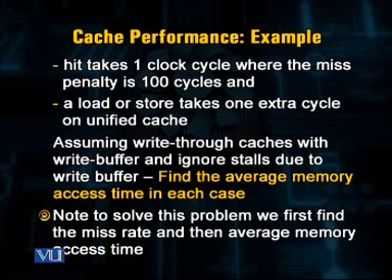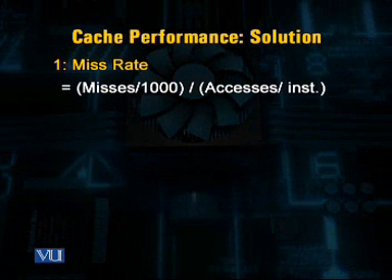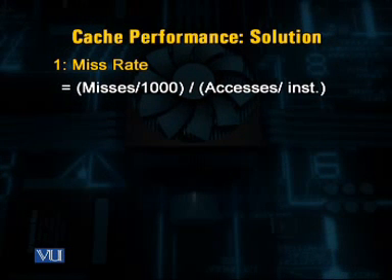Note that in order to solve this problem, we first find the miss rate and then the average memory access time. So let us first of all find the miss rate. We know that the miss rate is equal to the misses per 1000 divided by the accesses per instruction.